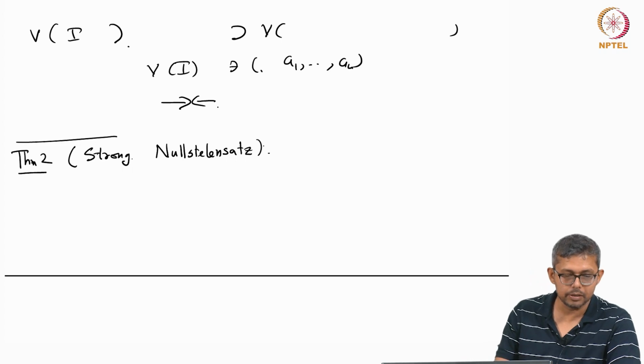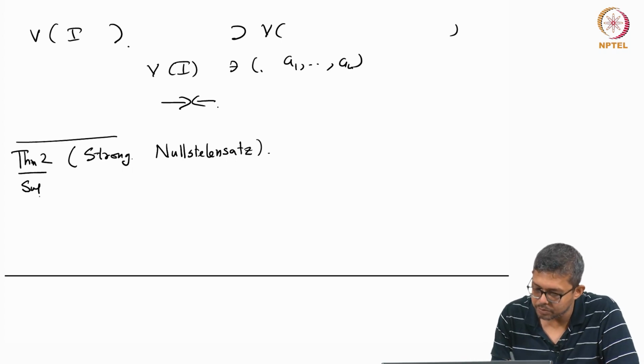So, the statement is that, suppose again we will assume an algebraically closed field, because we have to use the weak form.